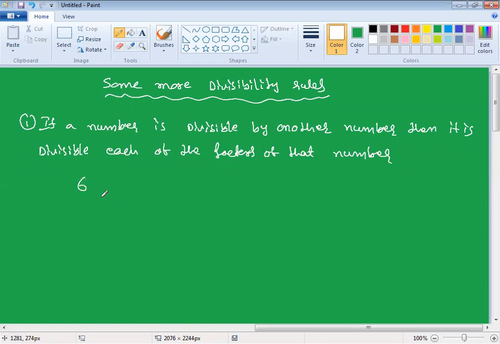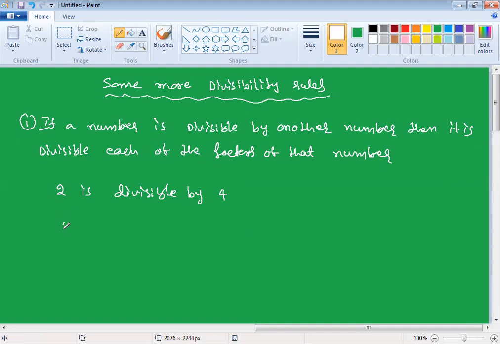Okay, a number divisible by another number is what it says. So take a small number, 2. 2 is divisible by, take any number, 4, then it is divisible by each of the factors of that number.